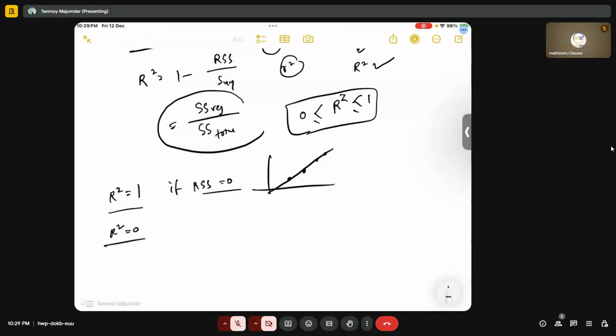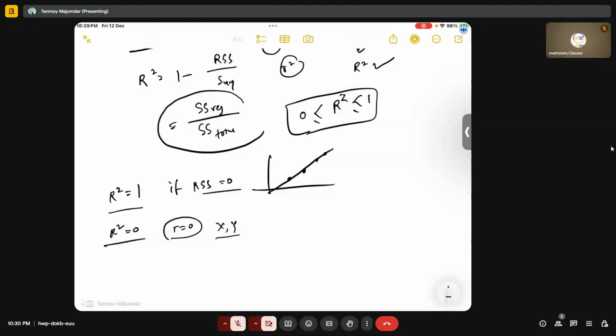And when will the value of R square be 0? Meaning 0 means a very poor fit. So basically if the correlation coefficient is 0, so we have x and y and the correlation coefficient between x and y is equal to 0, you can say R square is 0. So it is a very poor fit.